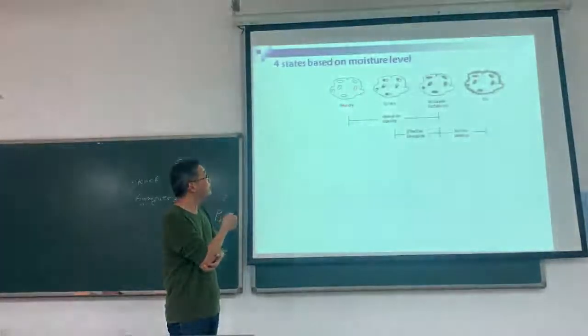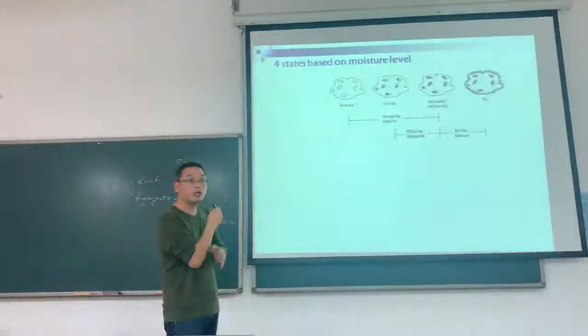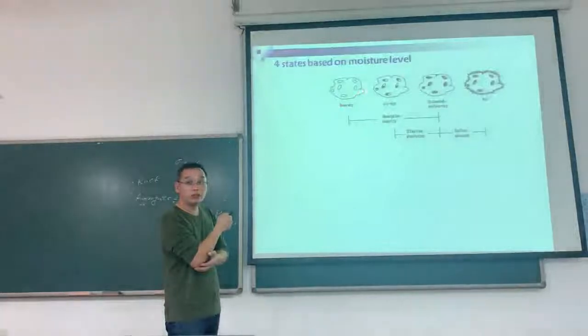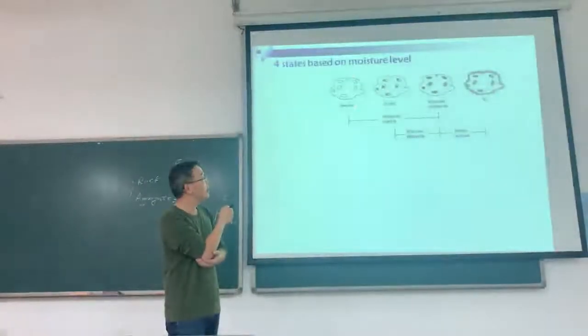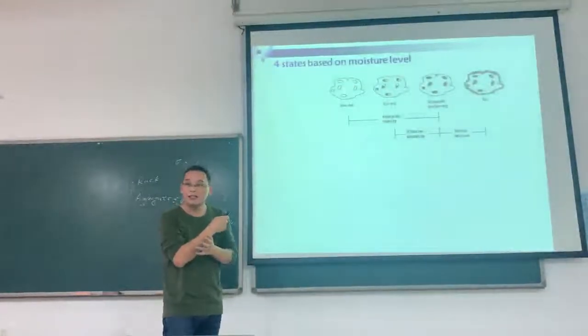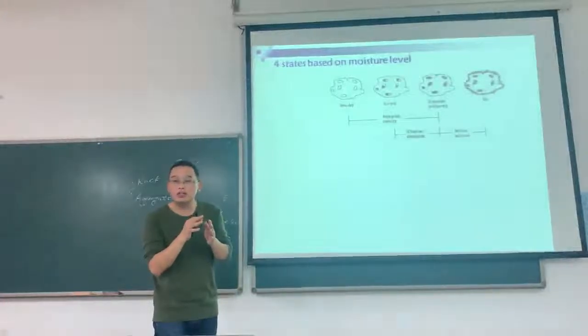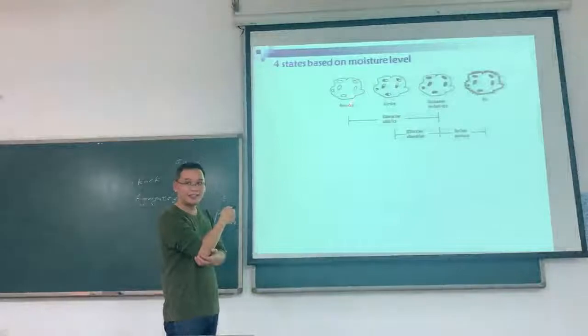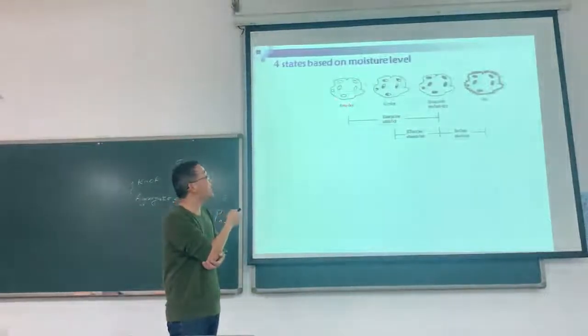From this diagram we can find that there is no shadow in this aggregate. It means there is no moisture in the pores. So this is the oven dry.